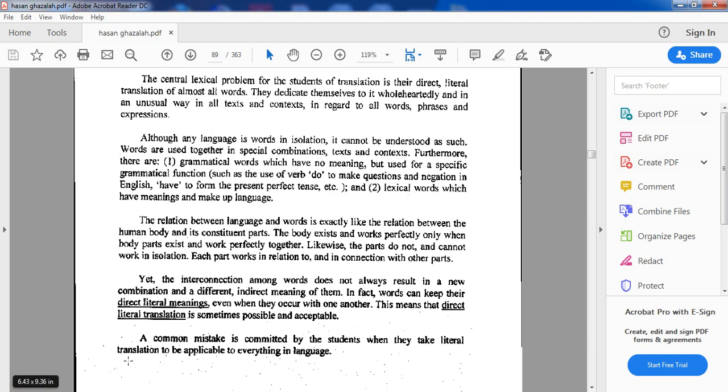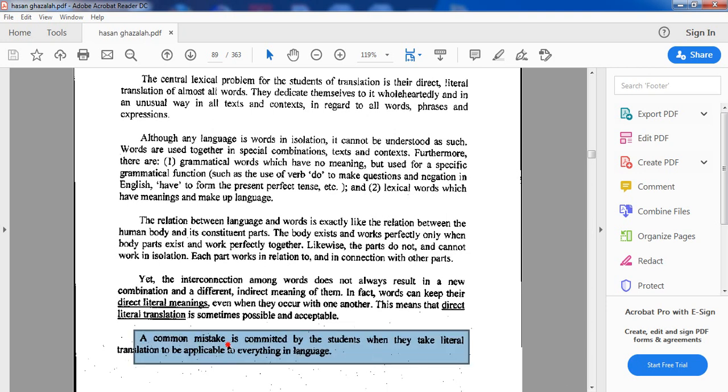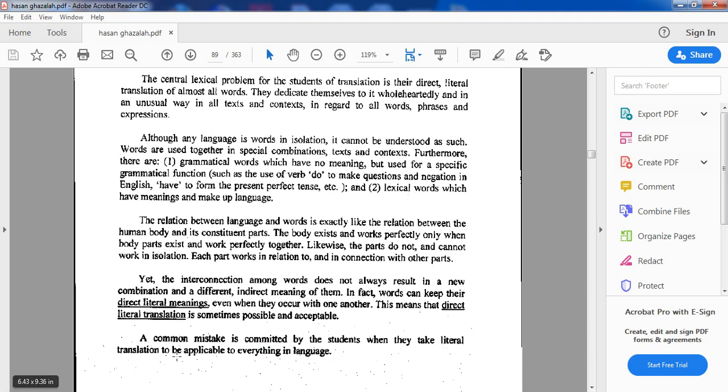So actually, this phrase is very important. A common mistake committed by students is when they take literal translation to be applicable to everything in language.